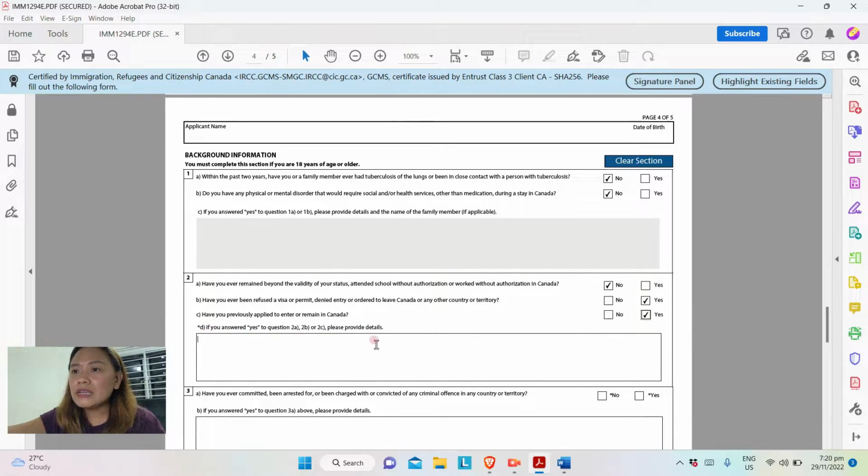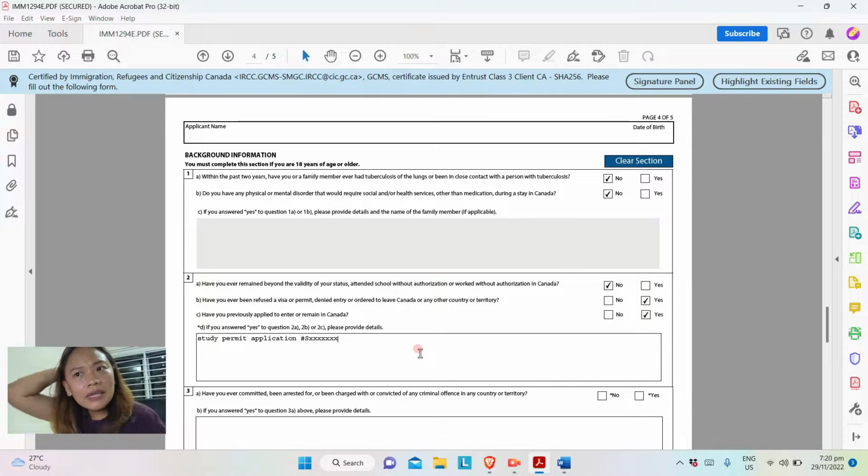And what do we write here on the details? You just have to write your application number. You can just say study permit application number, and that study permit application usually starts with S, followed by I don't know how many numbers.